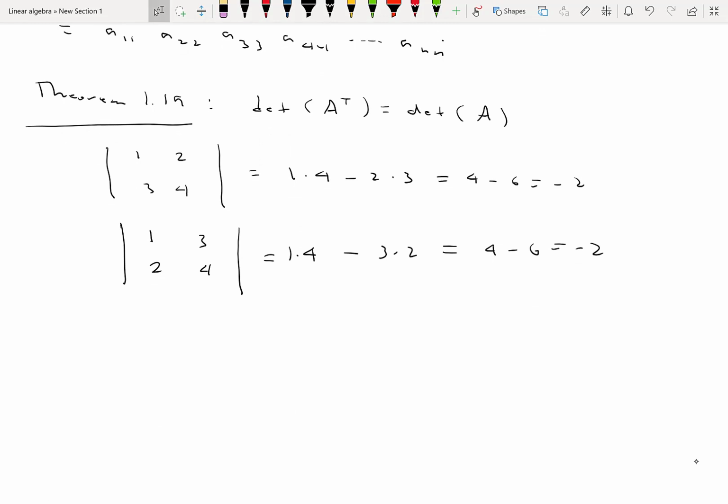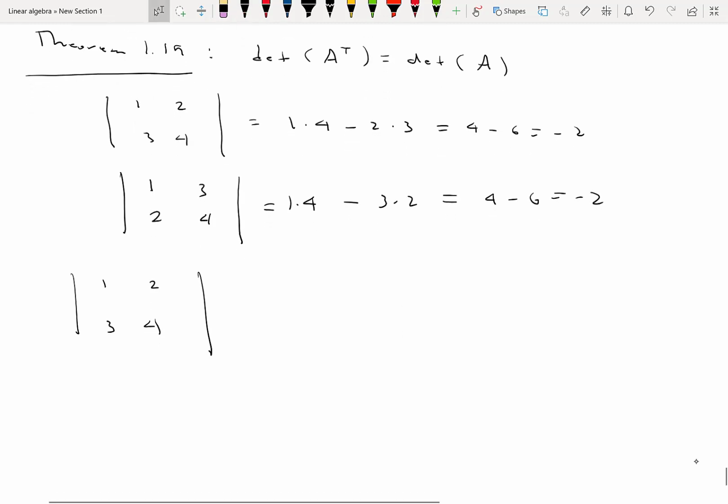Well, how about if we interchange rows? Now let's take a look at 1, 2, 3, 4, which we already computed. It's just 1 times 4 minus 2 times 3.